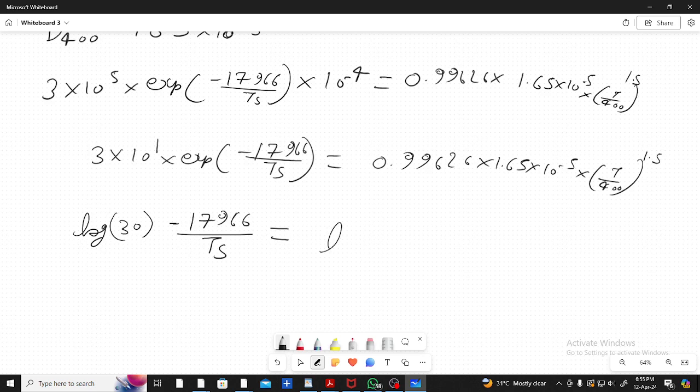Is this a log or ln? Can you tell me? ln, sir, because this is base e, not base 10.